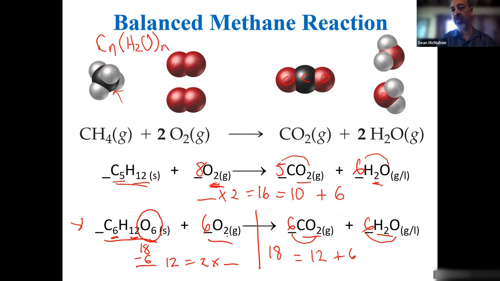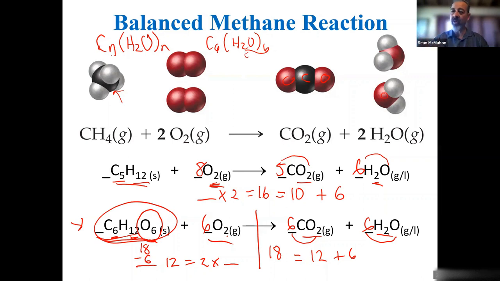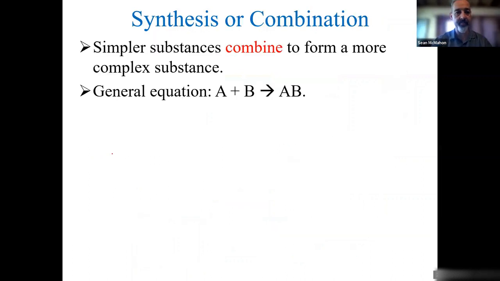Carbon hydrated with water, 6 carbons. Because glucose is a 6-membered ring. And then boom, 6 times 6, when I distribute that, I get this. For now, we don't have to worry about the formulas for carbohydrates, but you do have to be able to balance this and identify this cellular respiration, just like the combustion of methane and pentane as a combustion reaction.